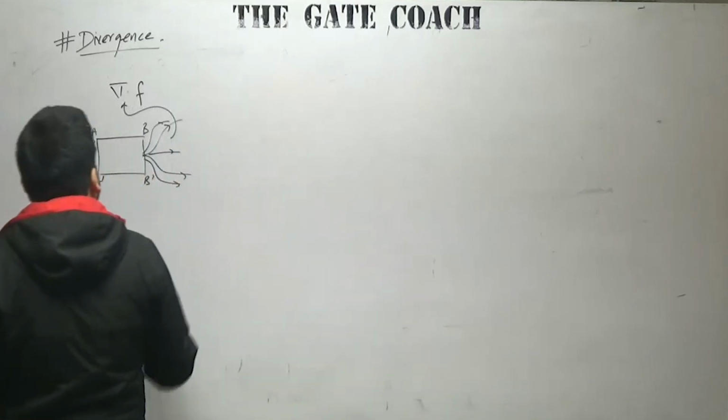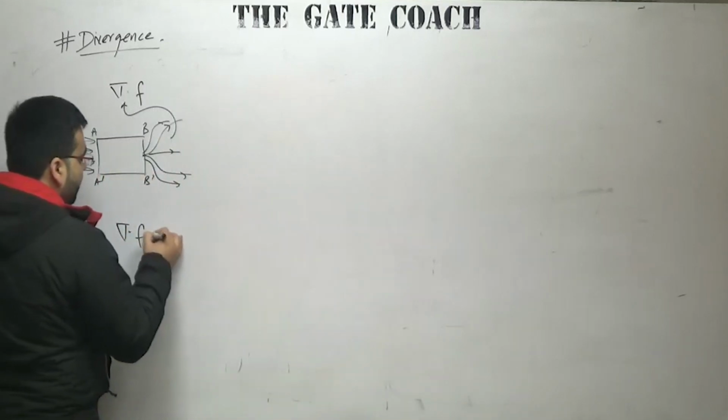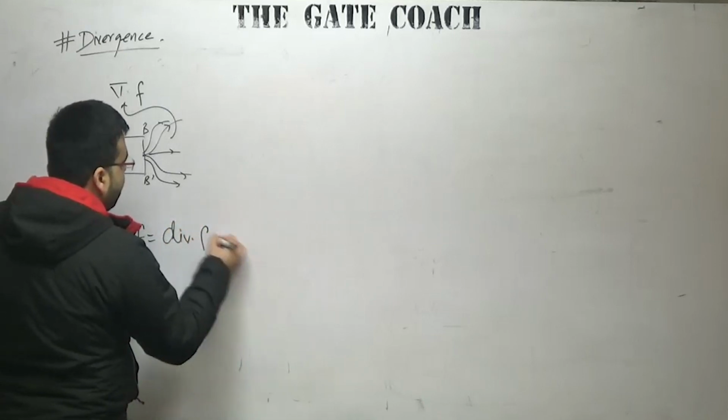So how to calculate the divergence? It will be equal to del dot f. You can also say it is divergence of f. You can also write it like this.